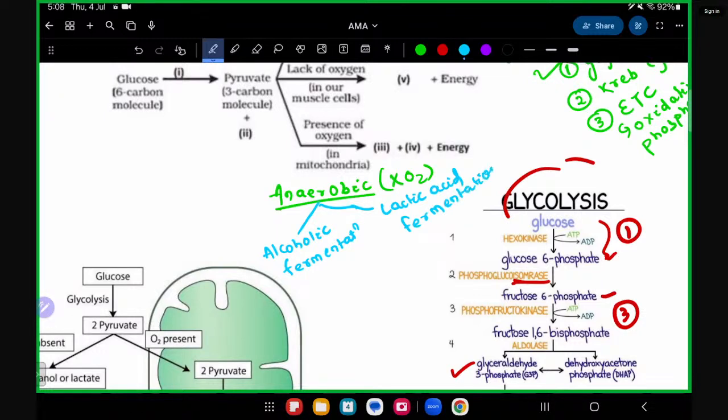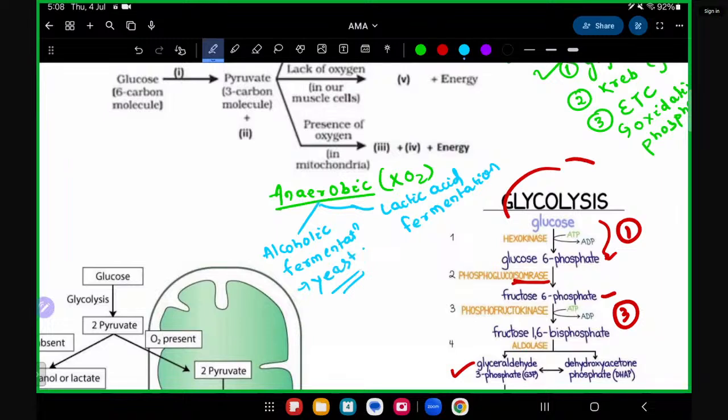Alcoholic fermentation occurs in yeast, in absence of oxygen, as we all know, it is an anaerobic process, right? Here only glycolysis occurs, and at the end of glycolysis, the pyruvate is produced from the glucose, because glycolysis is the common pathway.